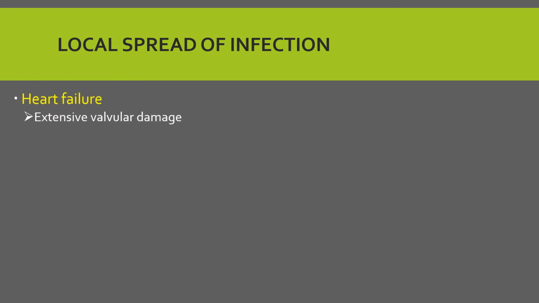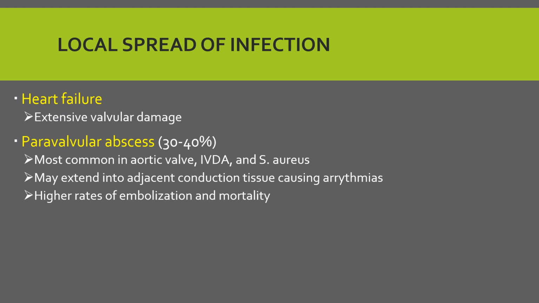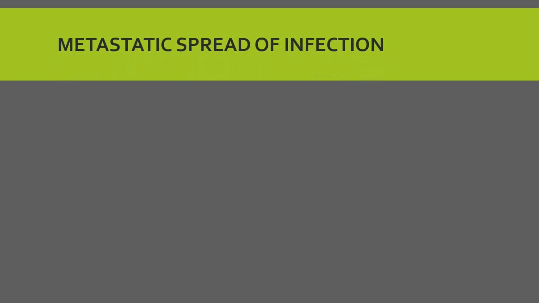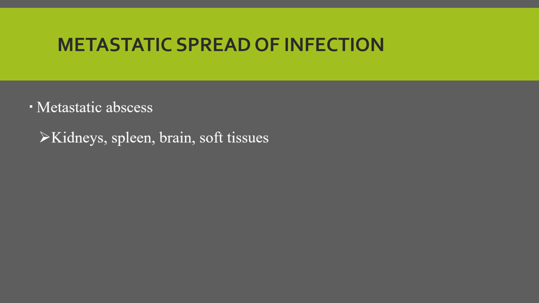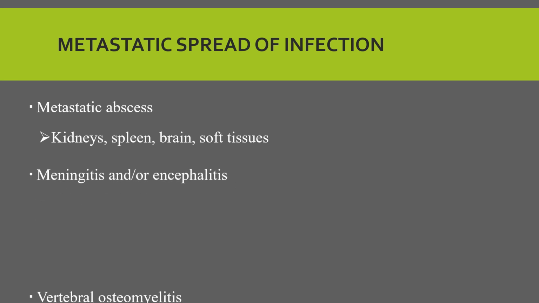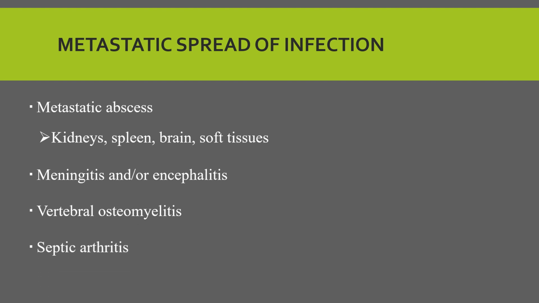Local spread of infection includes heart failure that causes extensive valvular damage, paravalvular abscess, and also pericarditis and fistulas with intracardiac connections. Regarding metastatic spread of infection, metastatic abscess to kidney, spleen, brain, and soft tissue, and meningitis and encephalitis, and also vertebral osteomyelitis can occur, including septic arthritis.